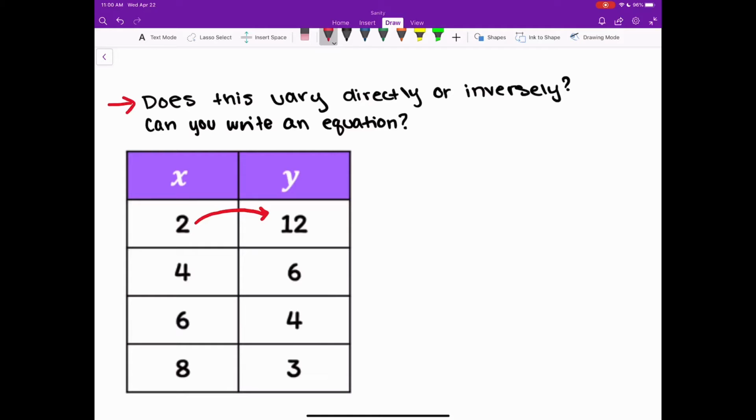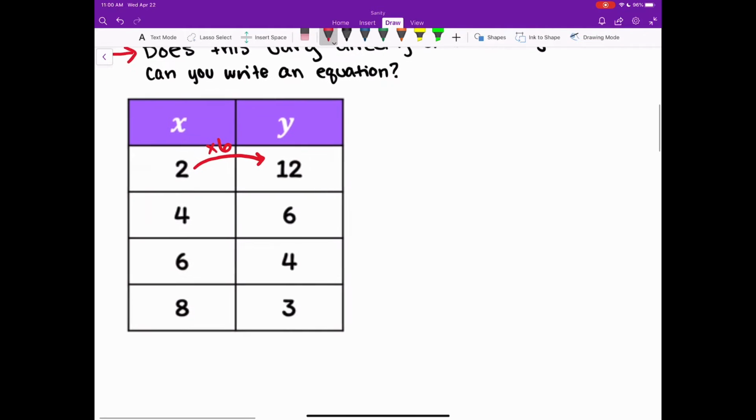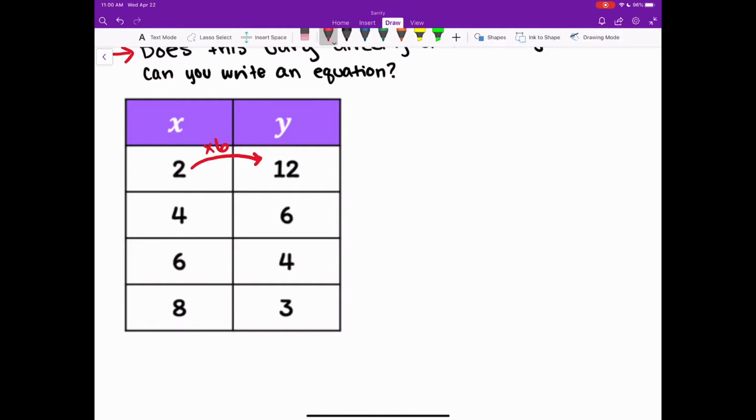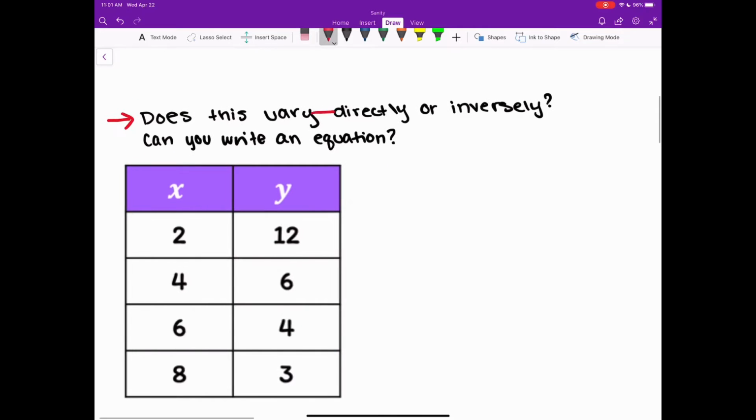In this first pair, I know that 2 times 6 equals 12. Let's see if that times 6 holds for the rest. 4 times 6 is not 6. 6 times 6 is not 4. So I can already throw out direct. It's definitely not direct.